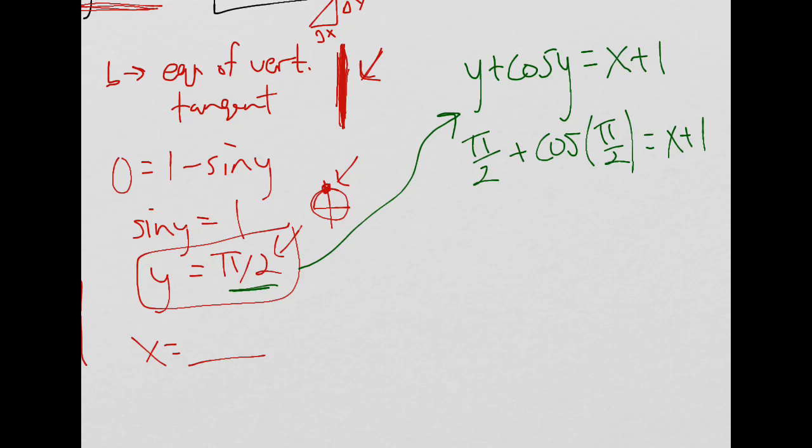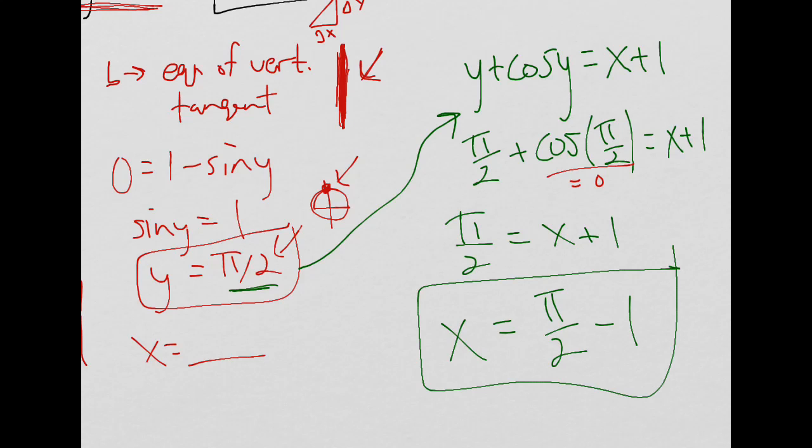Now, I just used the unit circle to figure out that y value. And I know I'm looking for the cosine of pi over 2, which is this spot right here. I also know cosine is x, so this term is equal to 0. So I get just pi over 2 equals x plus 1, and that gives me x equals pi over 2 minus 1.